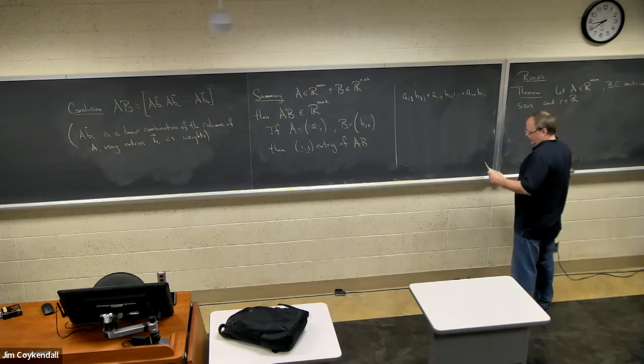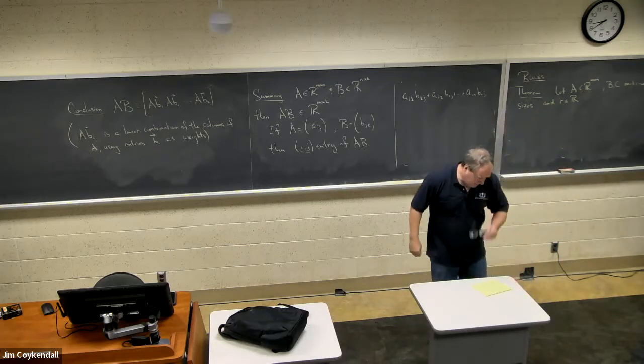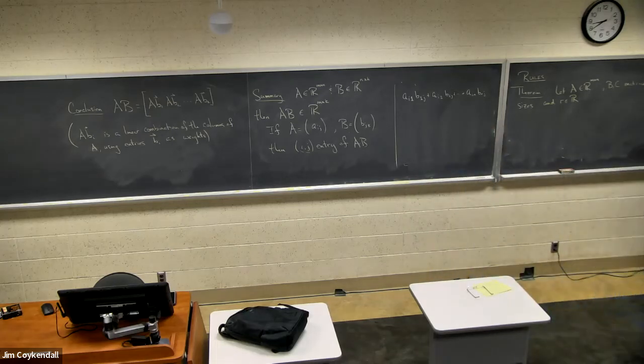So r is just a number. And I'll tell you what I mean by appropriate size here. When I say appropriate sizes, I mean that every time I write a product or a sum in this thing, the sizes are right so that I can actually do the multiplications.